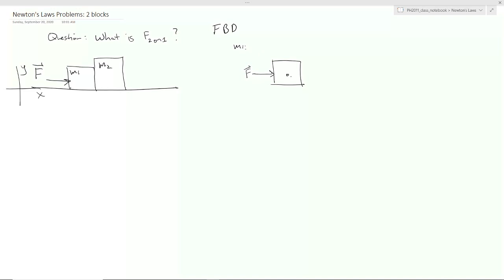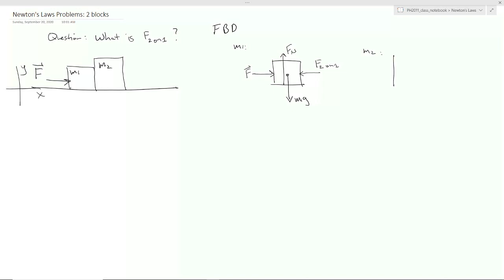We would also have M1g, its weight, and then the normal force pointing perpendicular to the surface that they're resting on. And the last thing we would have in here is the force of block 2 on block 1, pushing in the opposite direction.